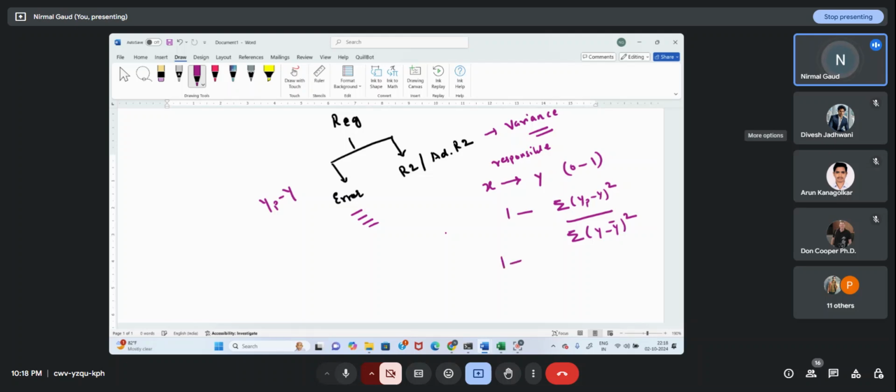So it is 1 minus error squared divided by variance squared. This is the error and this is the variance. This is the formula for R2.